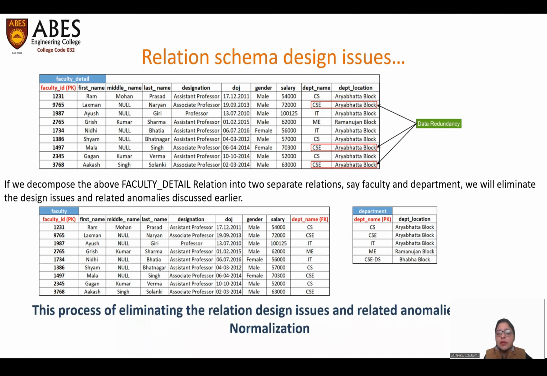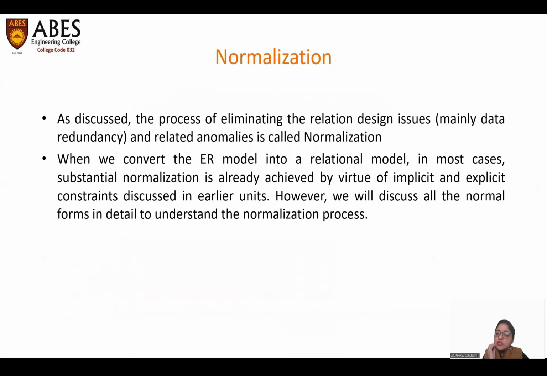The process of eliminating relation design issues and related anomalies is known as normalization. Means if we eliminate all the design issues and their related anomalies, and reduce the data redundancy, then it is the process of normalization.